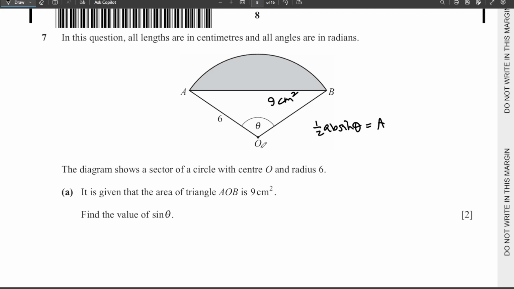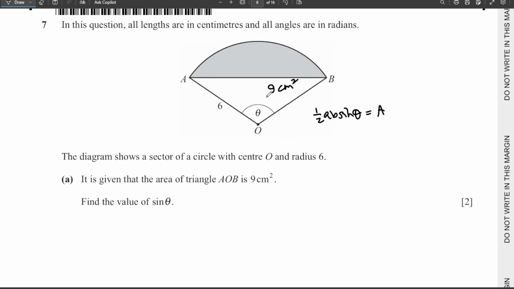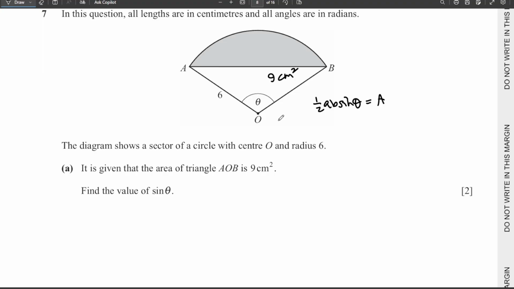In this case, AO and OB are the sides surrounding the angle, and those are both the radius, so they are just the same thing. So half times 6 squared, sine theta equals 9. After simplifying, we find sine theta to be 1 over 2.